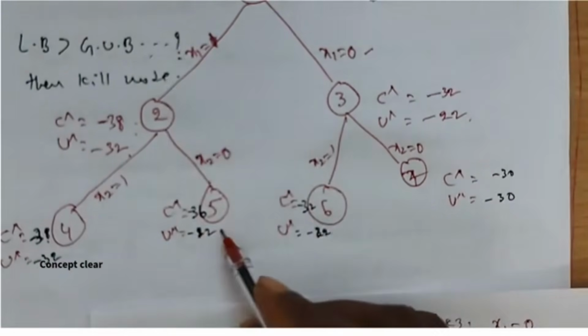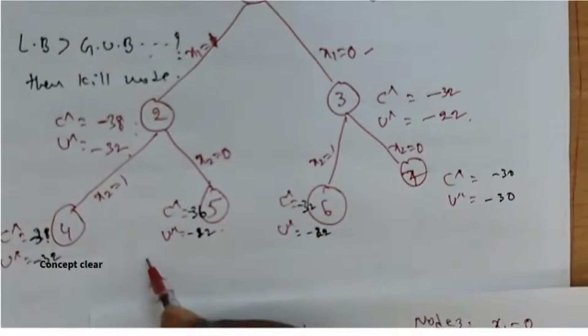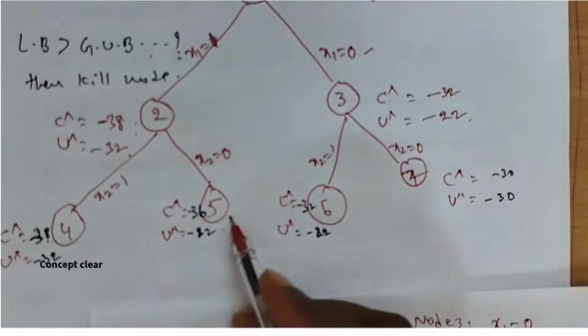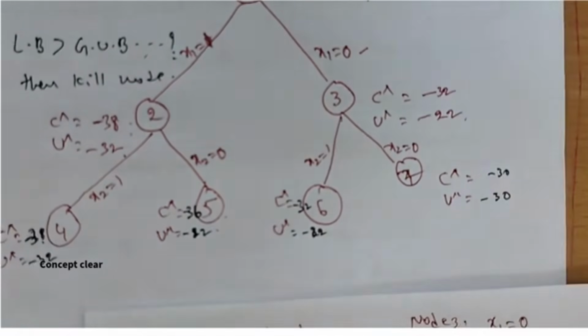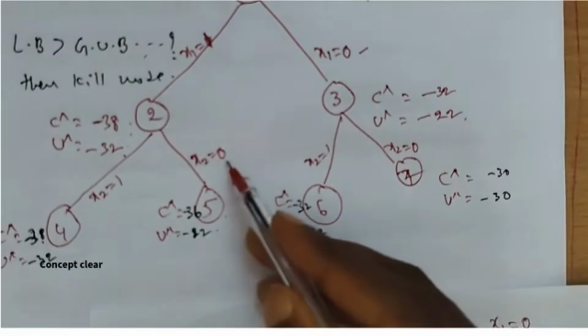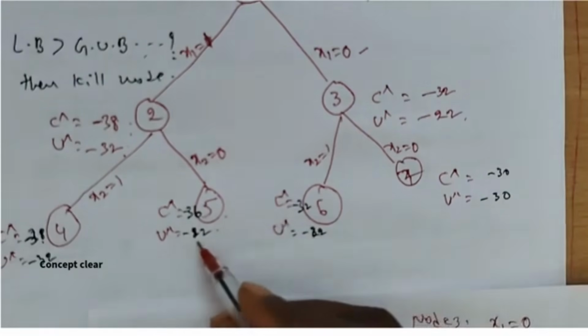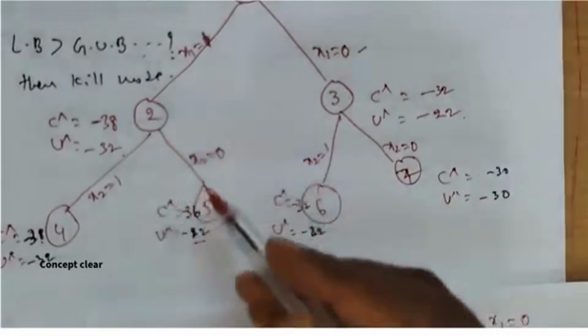Here also the same. Sorry, actually here the fifth node. What is the fifth node here? The fifth node is x2 equals 0. Here the upper bound value is minus 22. Here also minus 38. Then no need to change. What is the second condition?